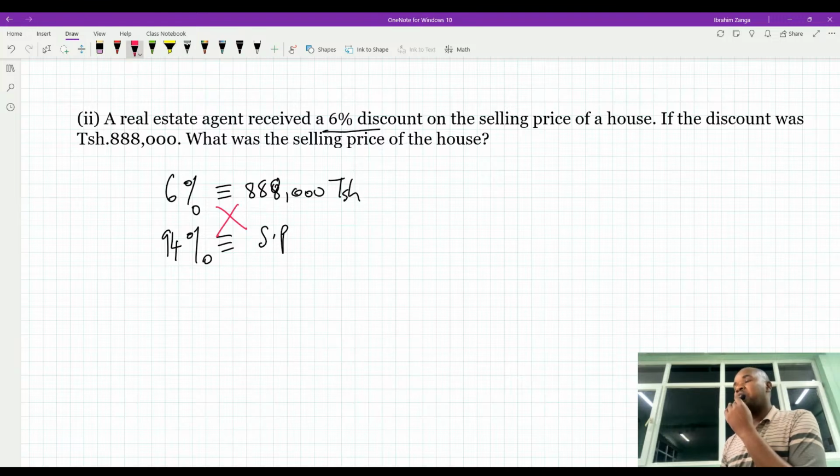So what we do, we are going to cross multiply. So selling price, dear students, we'll be taking 94% times 888,000, then you divide by 6%.